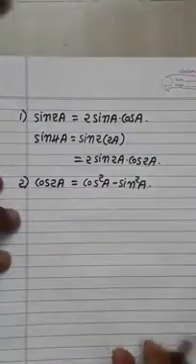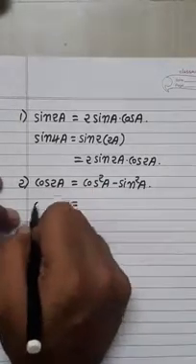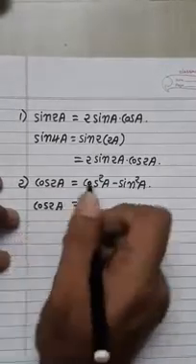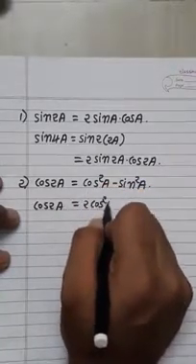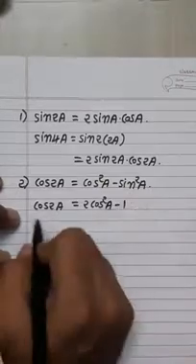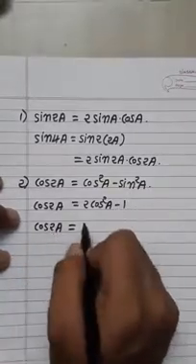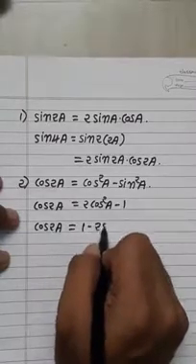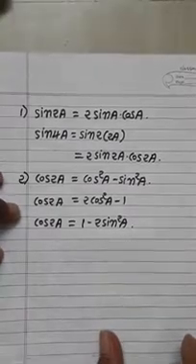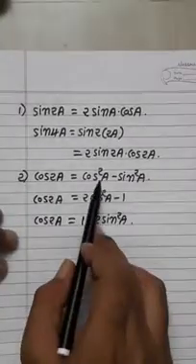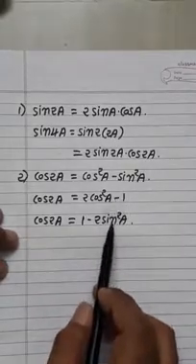Now the same formula written in another way, cos 2a is equal to 2 cos square a minus 1, and third formula, cos 2a is equal to 1 minus 2 sin square a. So the first formula is cos square a minus sin square a, but how can the remaining two formulas be written?